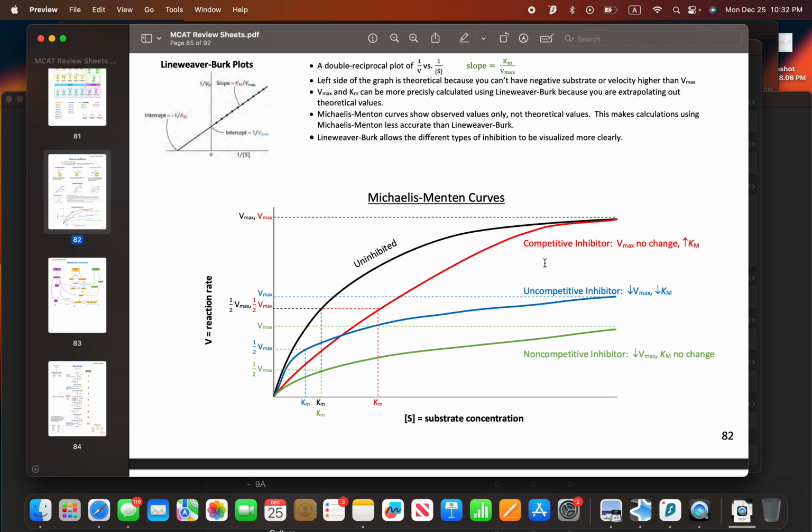So you have this scenario where your Vmax can decrease or be unchanged. So it's 2 scenarios for Vmax and 3 scenarios for Km, which is increase for competitive, decrease for the uncompetitive, and no change for the non-competitive.